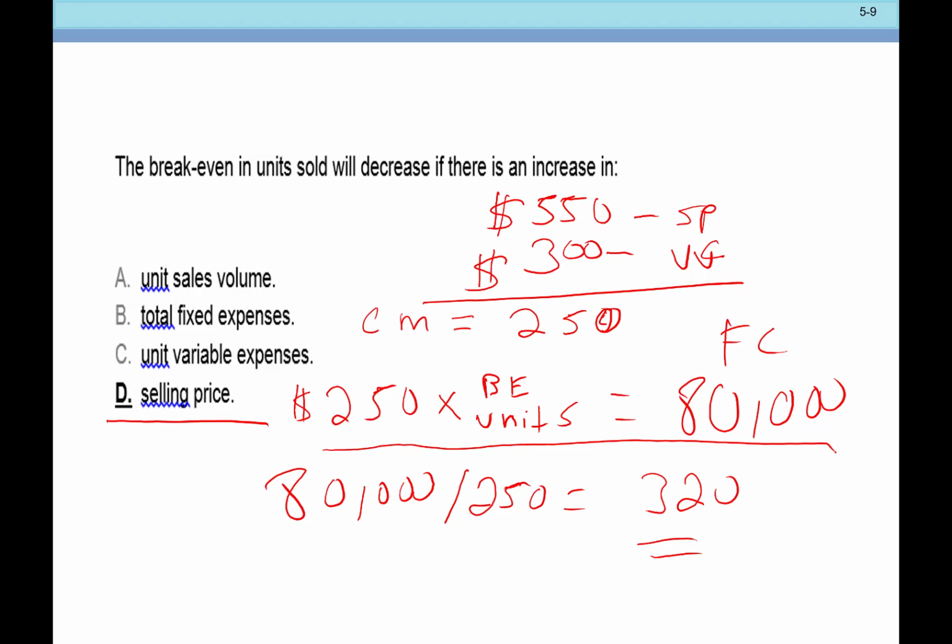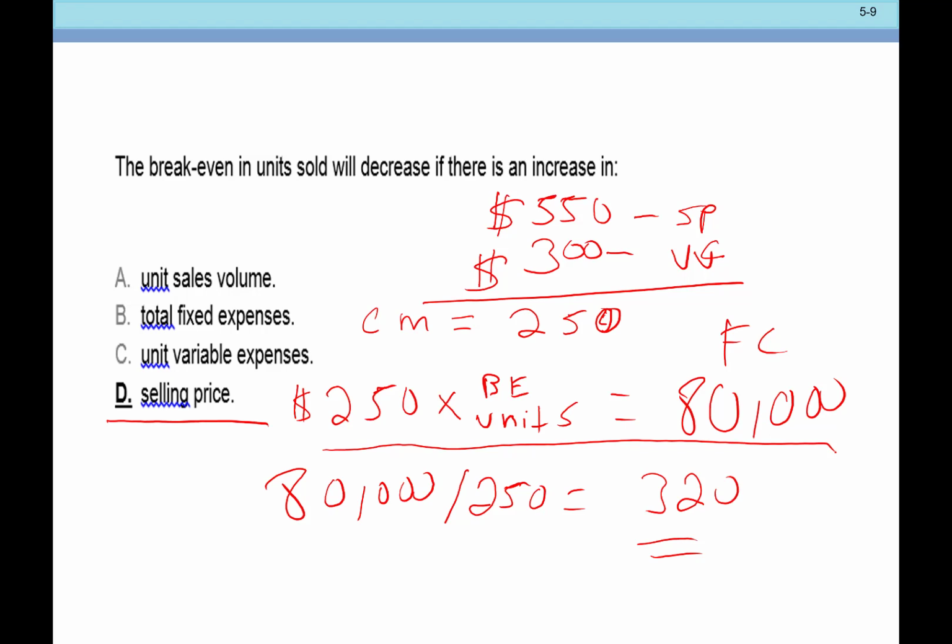Can you sell 320 bikes at 550? We're just taking that number and assuming we can sell those, right? That's their job. Okay, they're the ones that are on the hook to explain why they couldn't sell 320 bikes. We just told them that's how many they had to sell, right?